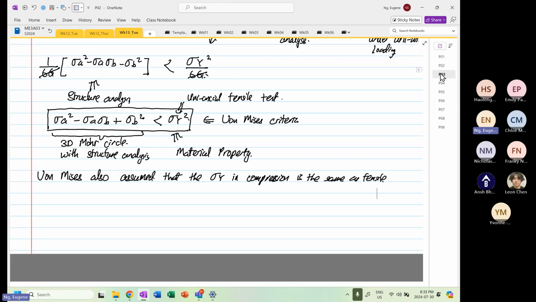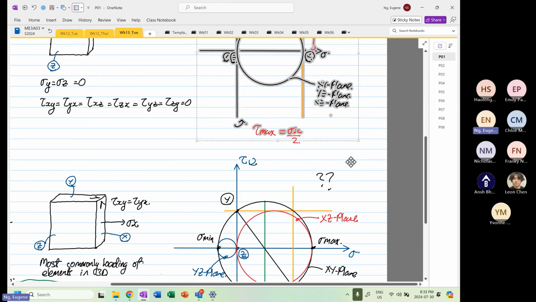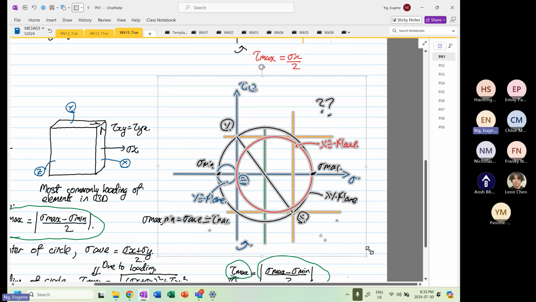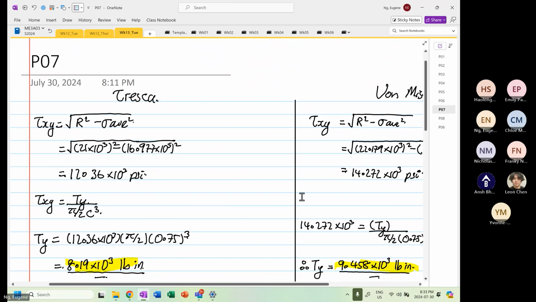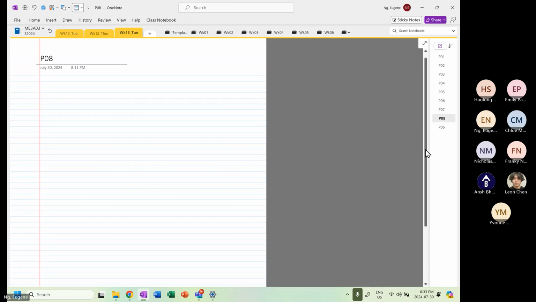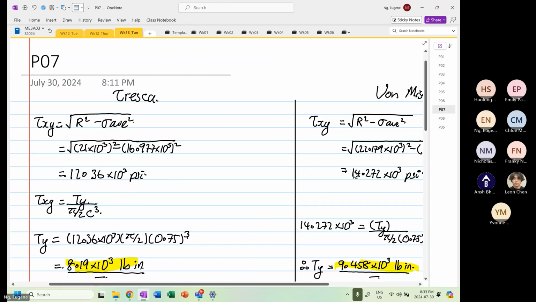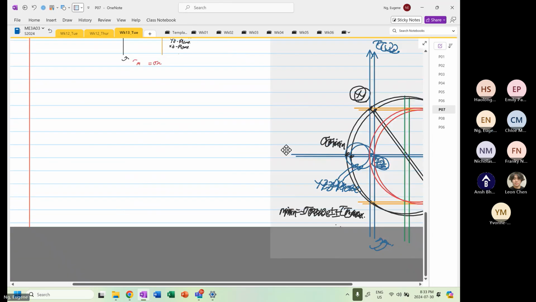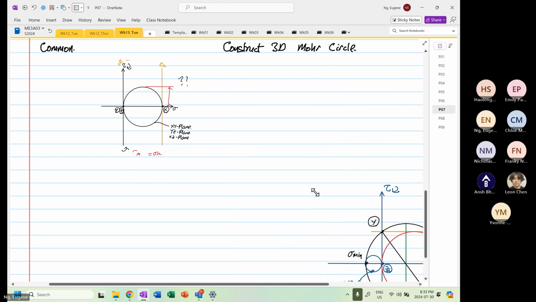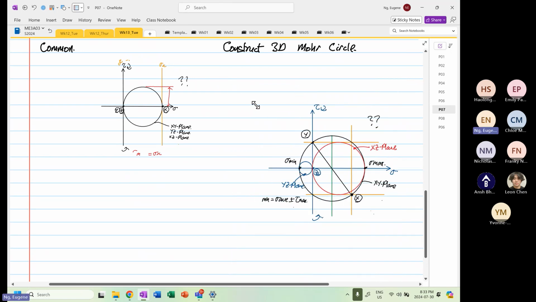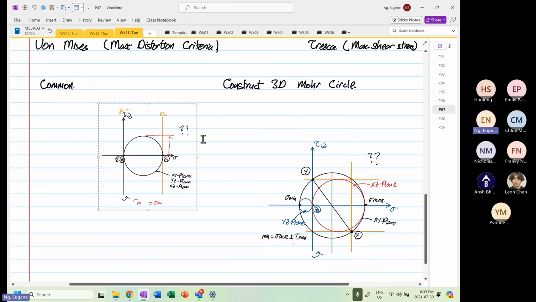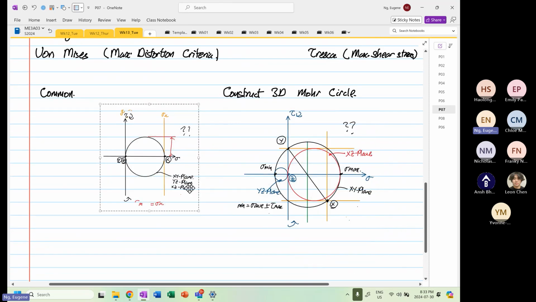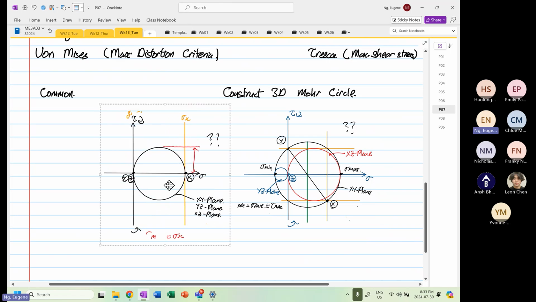That's why in today's lecture, I started by sketching the 3D Mohr circle for you. So there are two ways that your circle can look after you construct your Mohr circle: like the one on the left hand side, or the one on the right hand side.